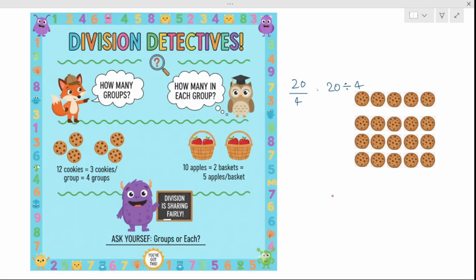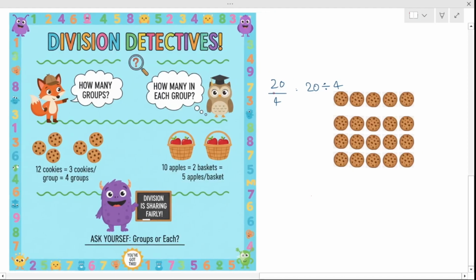Basically, it can mean that you group the 20 cookies into equal groups. So you are grouping in terms of fours, maybe in a packet of fours.